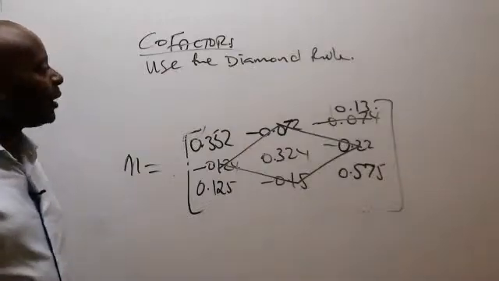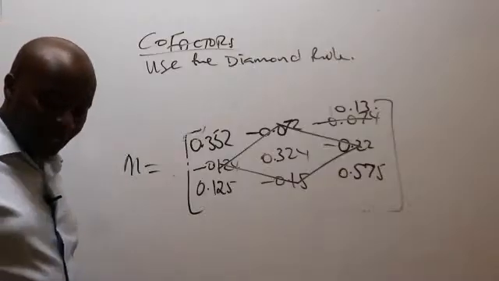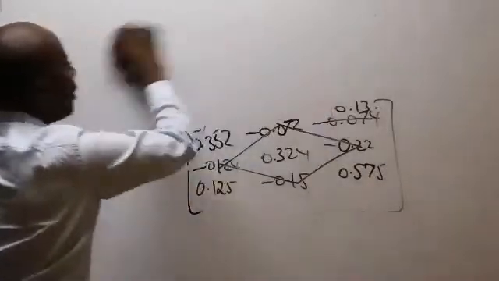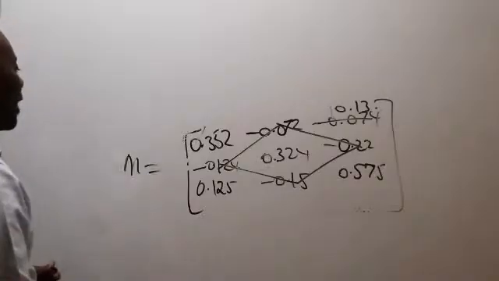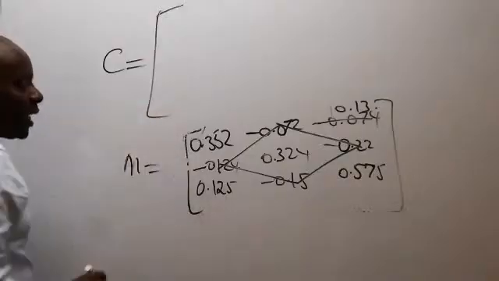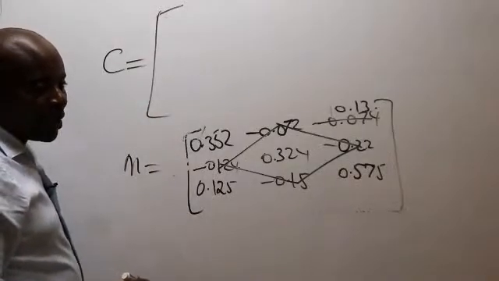Now, ladies and gentlemen, the moment you are there, now you are at a very good position of giving us the cofactors. Once you've been able to draw the roadmap for your cofactors, for your diamond, now the cofactors will be very easy for you to ascertain. How do you ascertain them?